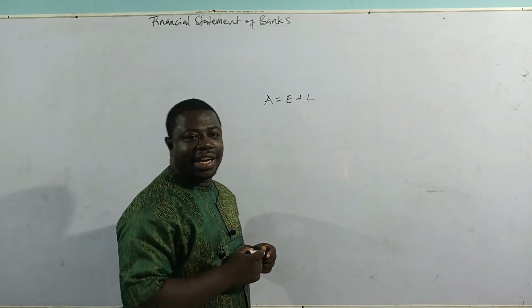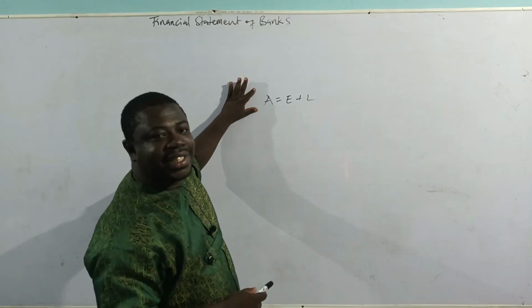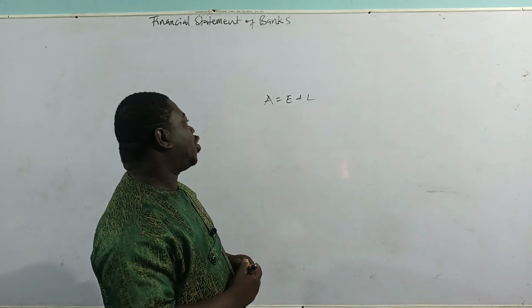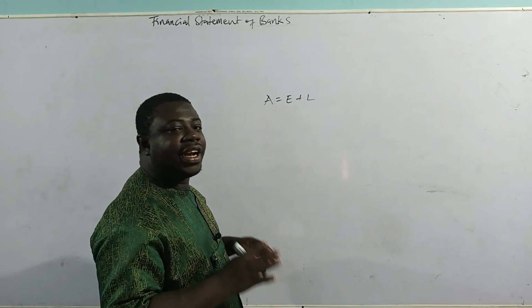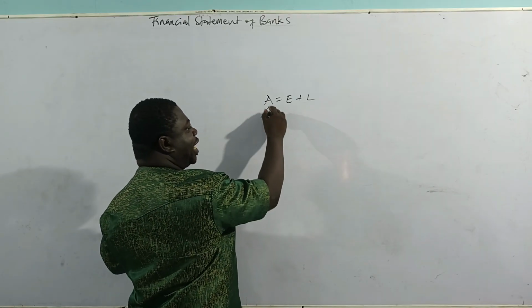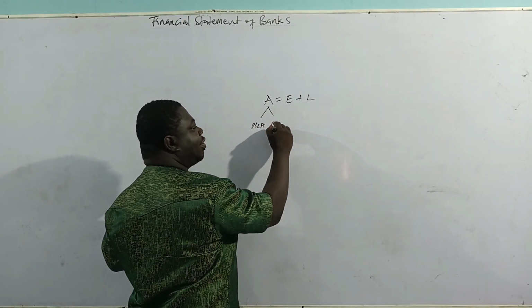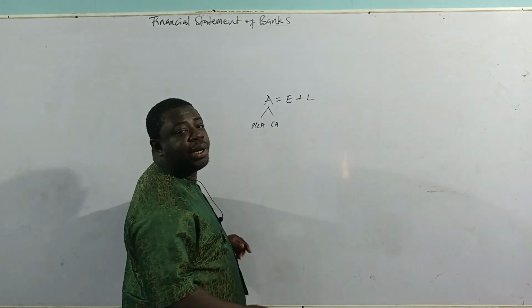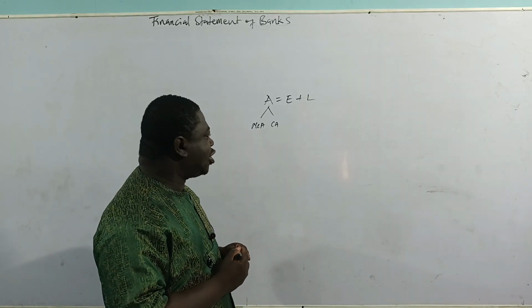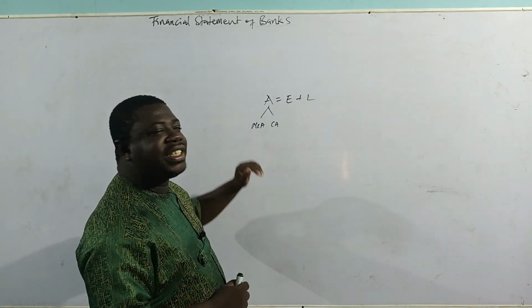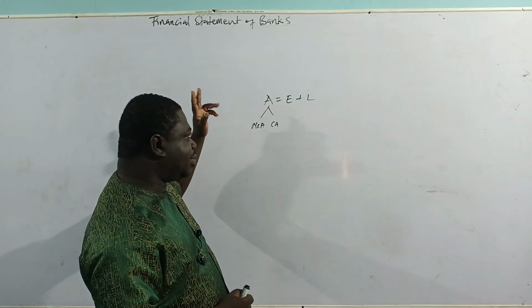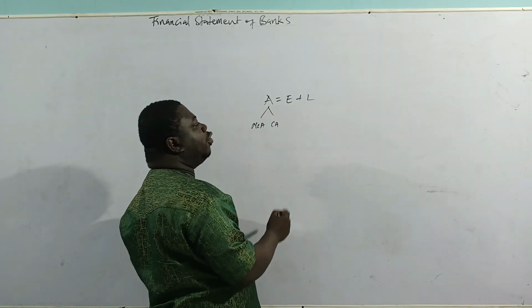And if there is any organization that goes strictly according to these three, it is a bank. Because for a bank, in their statement of financial position, they do not split the assets into non-current asset and current asset. They put all of them together as one. They don't split. However, they arrange it in the order of liquidity, and I'm going to explain to you. And then the equity follows together with them.